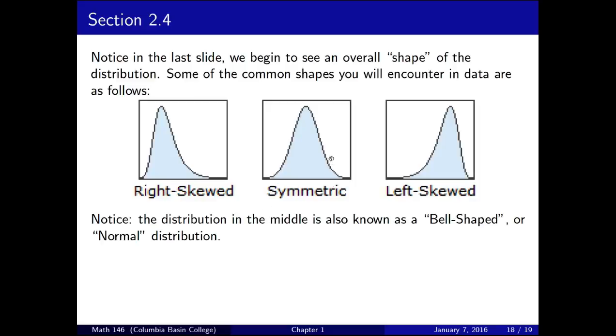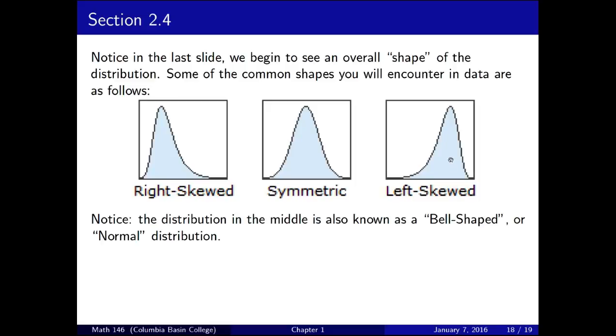As far as symmetric goes, tons of data is symmetric. These are things like the heights of people, which are very symmetric. Scores on standardized tests are typically symmetric. They try to design standardized tests to produce symmetric score distributions.